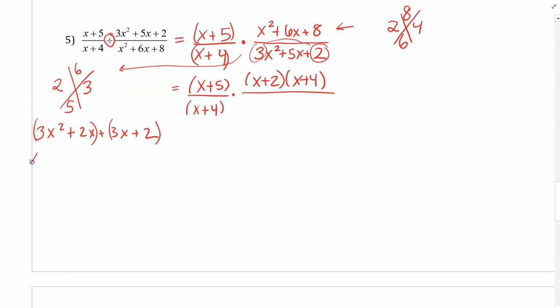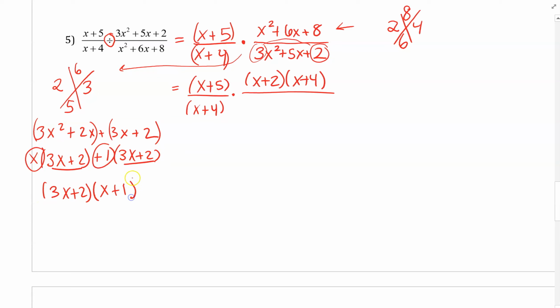And I'll take an x out of the first group, which leaves me with 3x plus 2, and then there's no common factor with the second group, so I'll just say plus 1 times 3x plus 2, and then I have my common factor of 3x plus 2 times the remaining values of x plus 1. So those are the factors of my denominator.